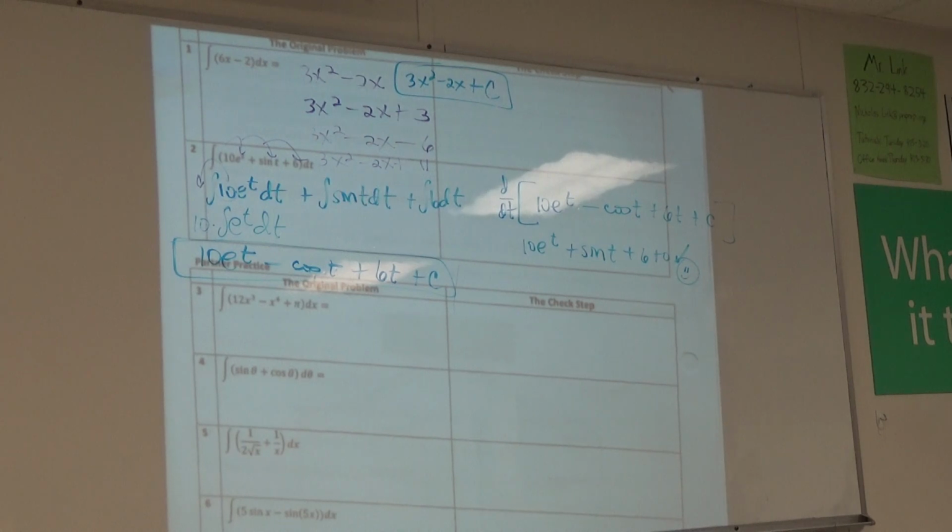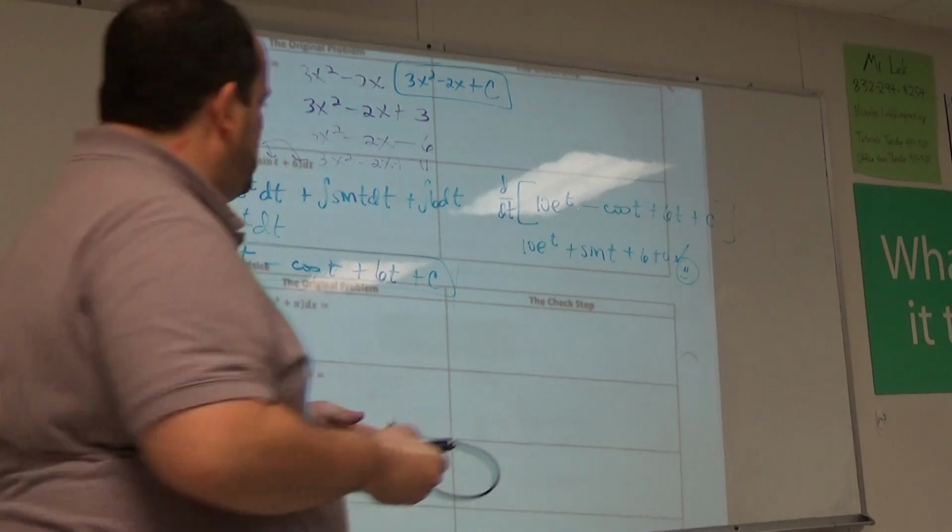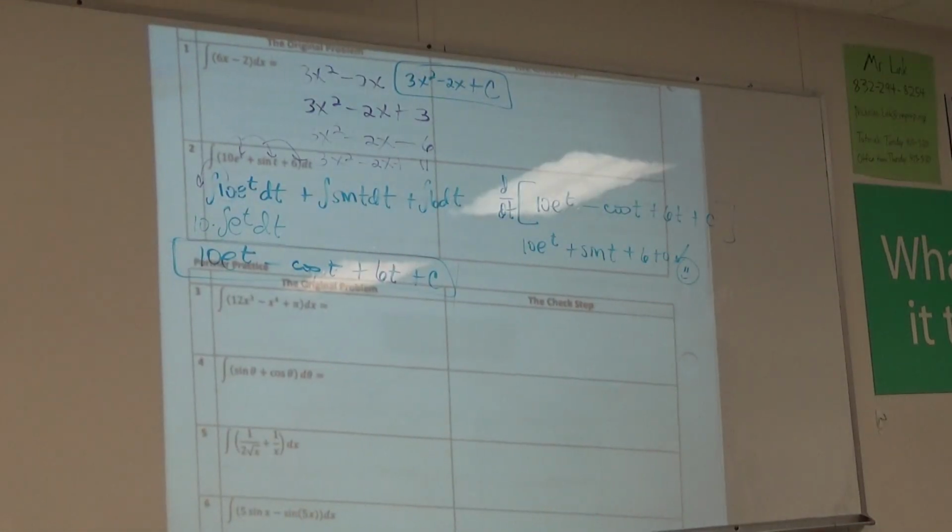Basically we just have to rewrite it. Negative sign.